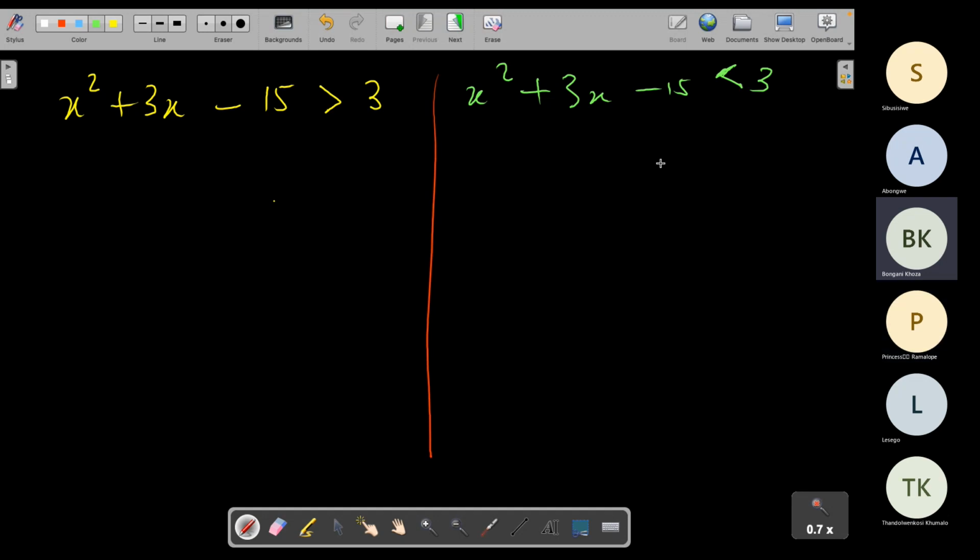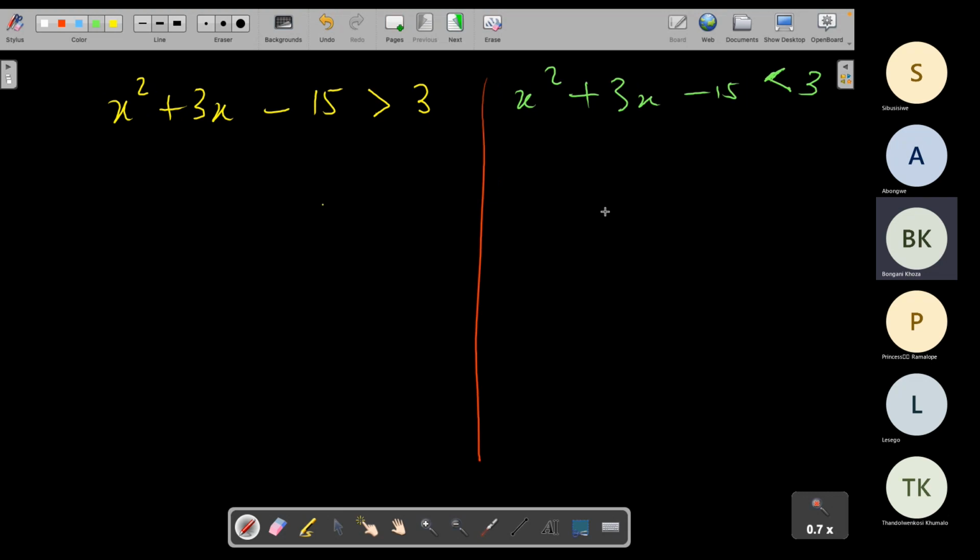Okay, so our steps are the same, so we can just write one side. So what do we have? First step. We're trying to make this a trinomial. So what do we do?